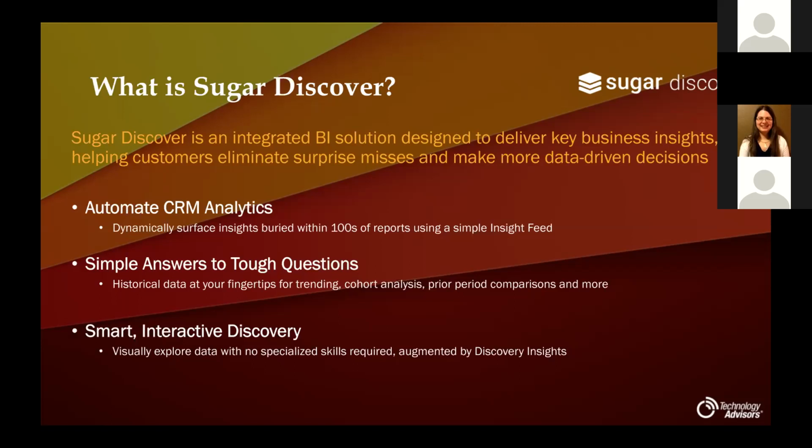So not only can you build content to answer those questions in advance, but the system is smart enough to notify you when those metrics are performing unusually and lead you to some potential reasons for why those metrics may have recently changed. So we're really trying to quickly take folks to what is going on in my business that I should care about, and what actions I should take to react to those changes.